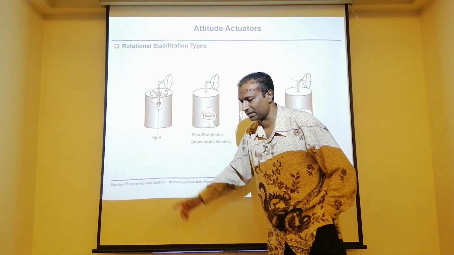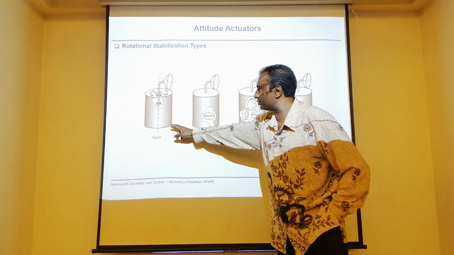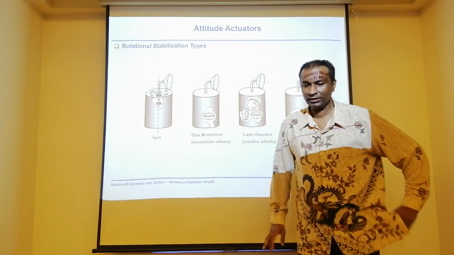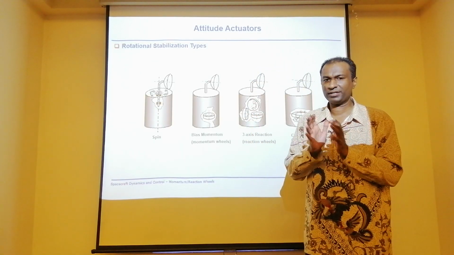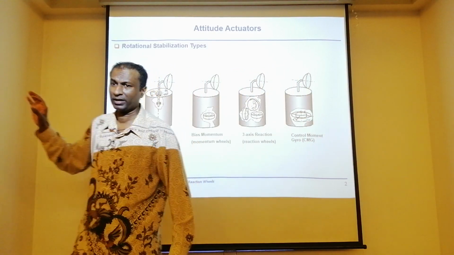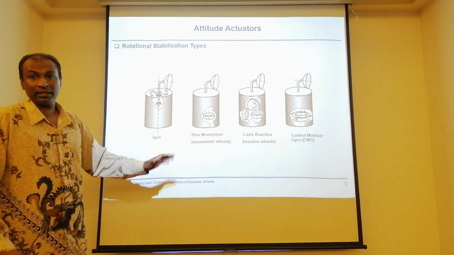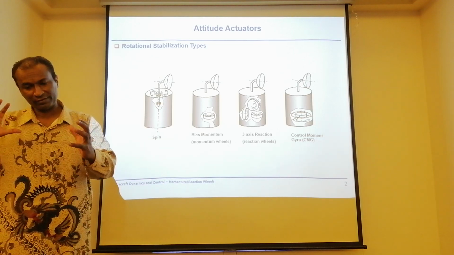The first type is actually spin. The spin type of stabilization, if you remember, VSAT 1 uses this type of stabilization. The whole spacecraft is going to rotate.